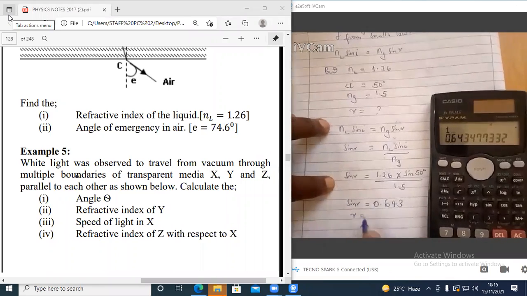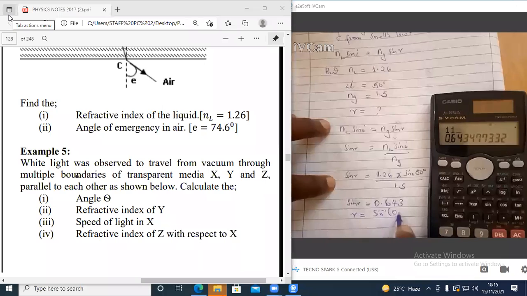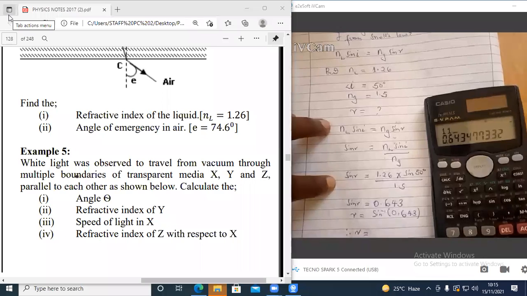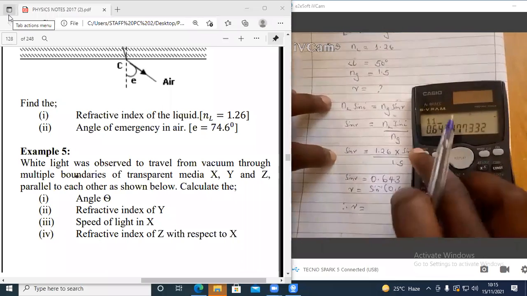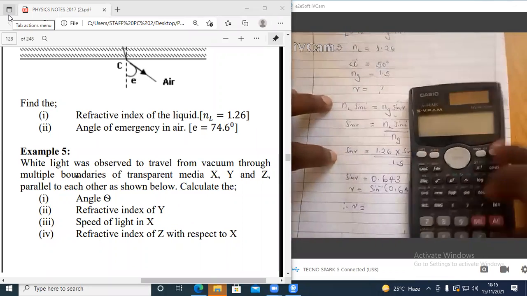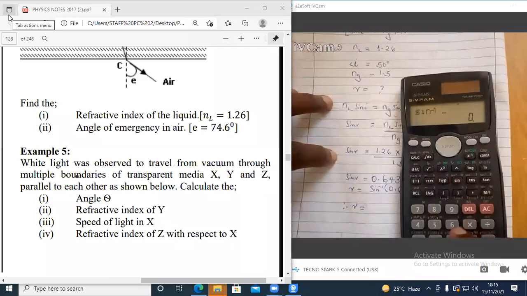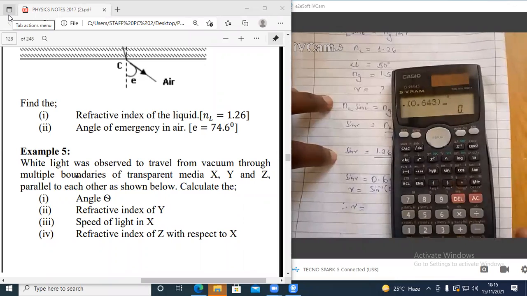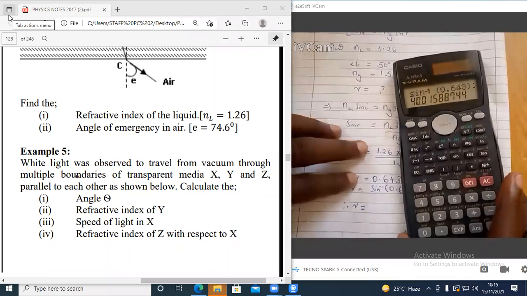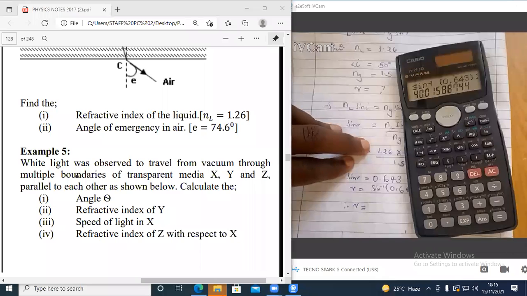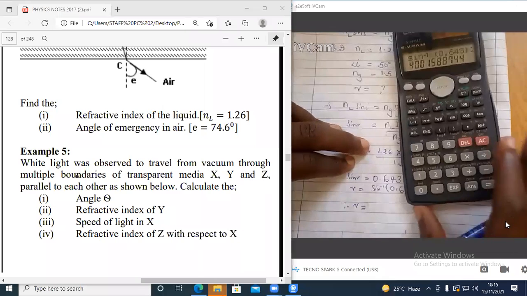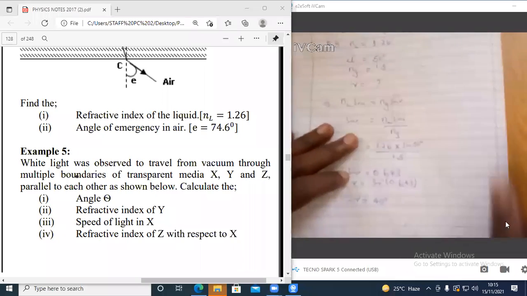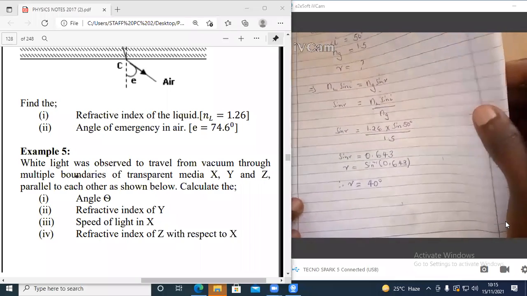So R is equal to the arcsine, the sine inverse, of 0.643. What is the answer, members? 40 degrees.